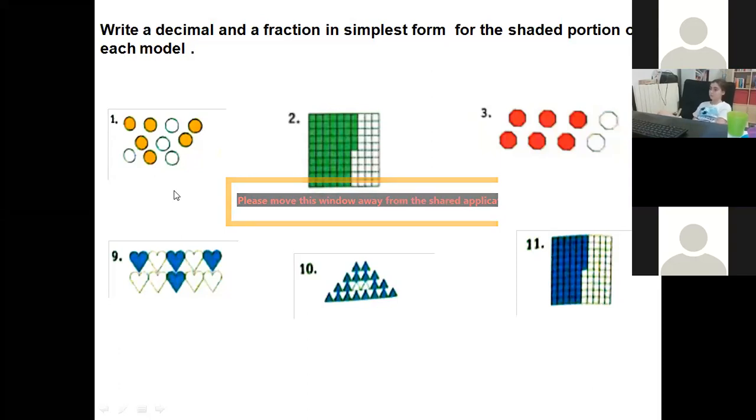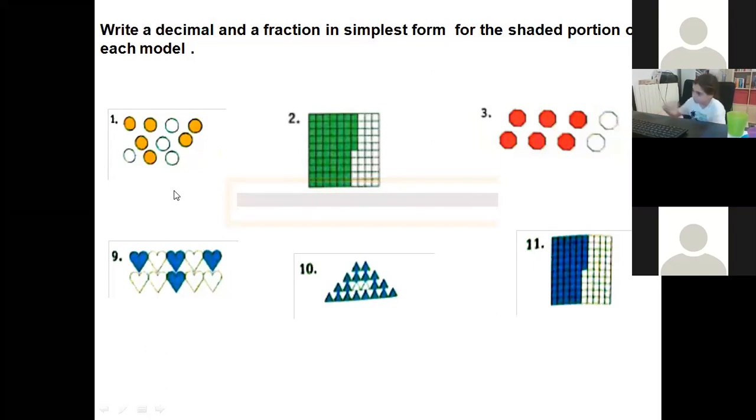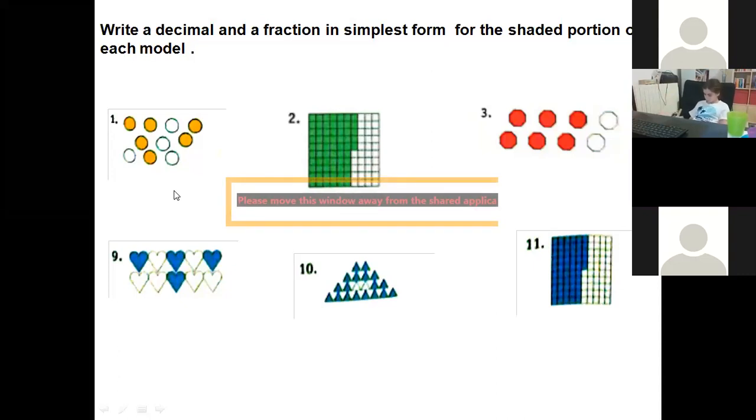Yusuf, can you tell me how do we write 6 over 10 as a fraction in simplest form? We should see the common factors. Excellent. Yes, we need to find the common factor between 6 and 10.